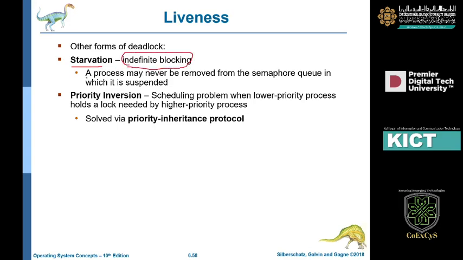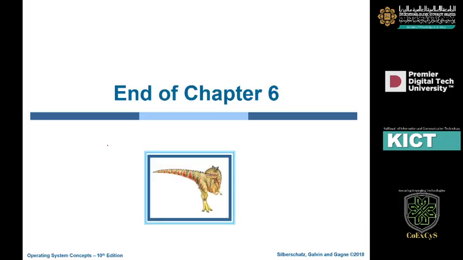It means a process may never be removed from the semaphore queue in which it is suspended. So I want to enter a critical section, and I am in the queue to access it, but somehow I never get to run or enter the critical section. This causes a kind of starvation. So find out about this as well.